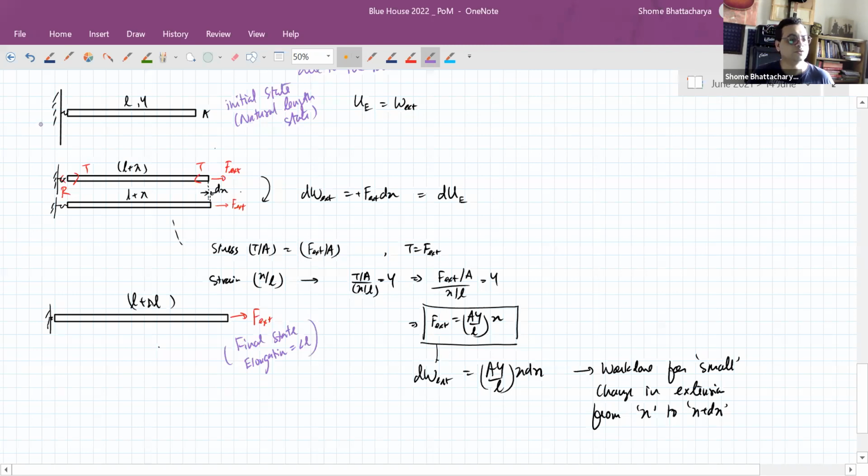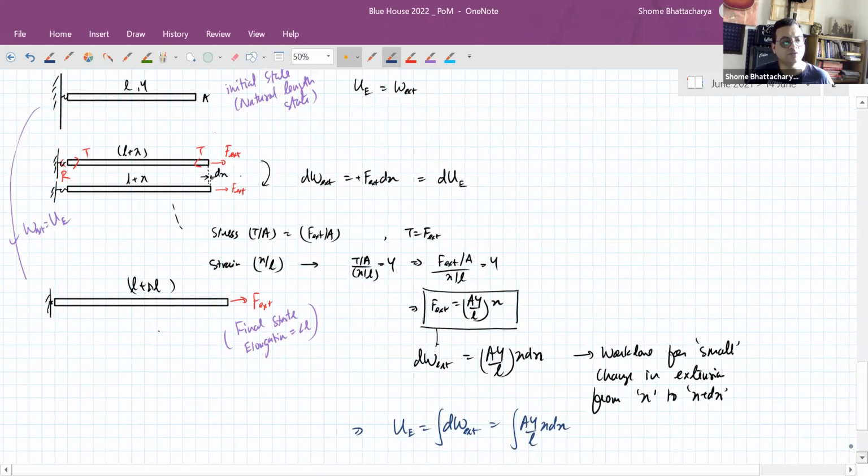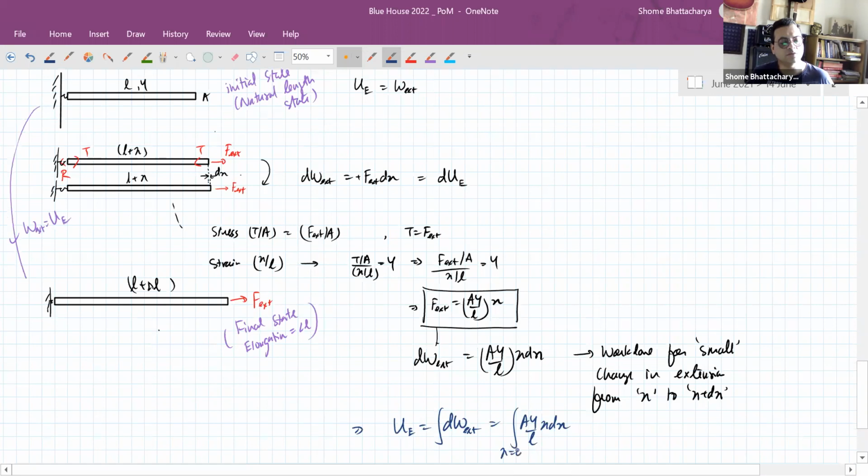So going from here to here, the total work done is equal to the elastic potential energy stored. That is the definition that we see. So according to this, the elastic potential energy is going to be integration of this. Okay. So as you can see, it is going to be integration of AY by L into X dx for the limit that X is going from initial value 0 to final elongation of delta L.